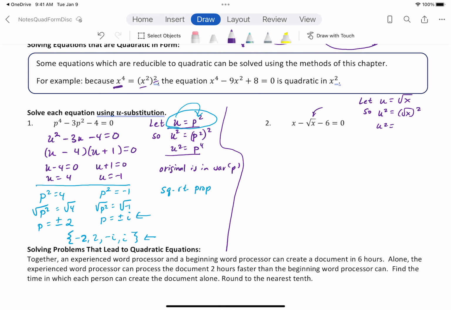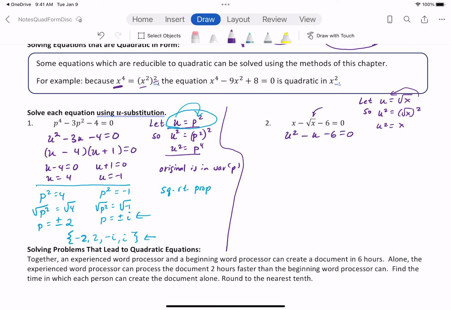And of course that squared and the root will undo each other and leave me with x. So now over in my equation where I have x, I'm going to write u squared. Where I have the square root of x, I'm going to write u minus 6 equals 0.